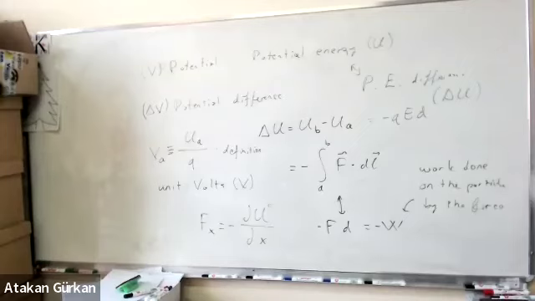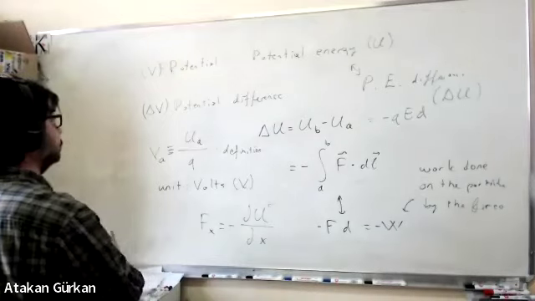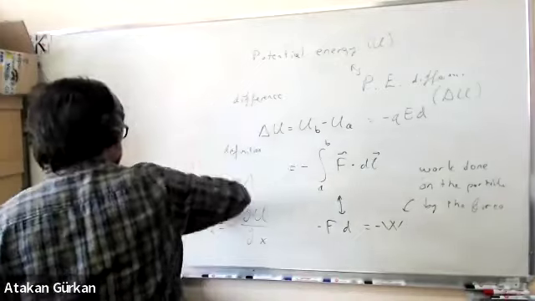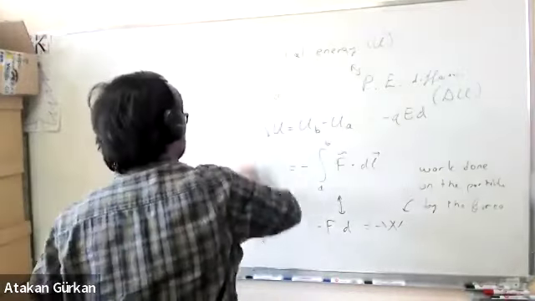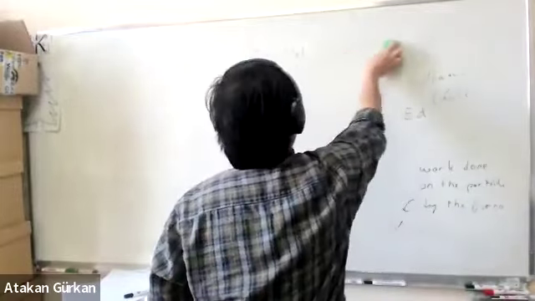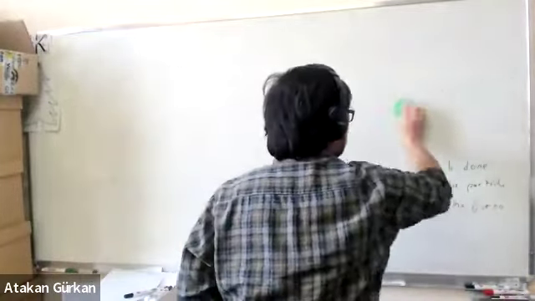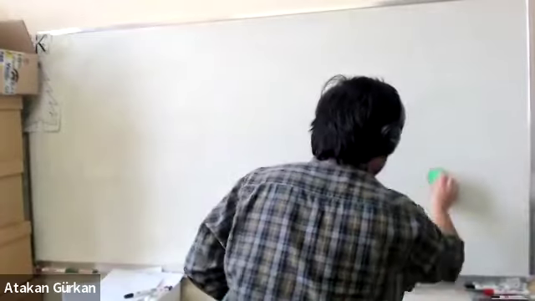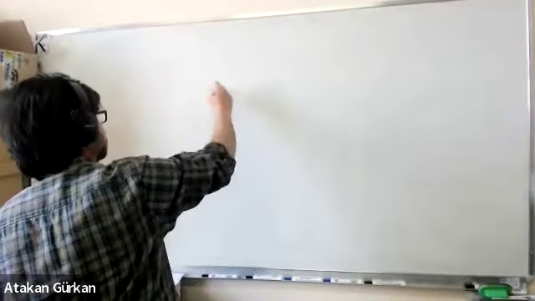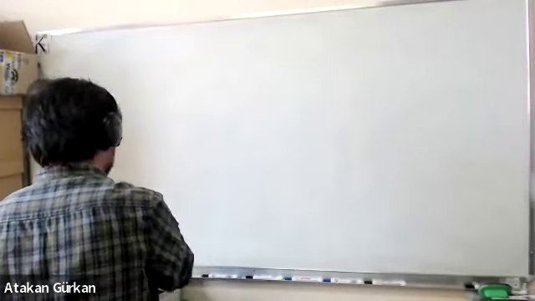Okay, let's see if we can figure this out without getting ourselves too confused. So we have parallel plates, oppositely charged. So this creates an electric field between them.